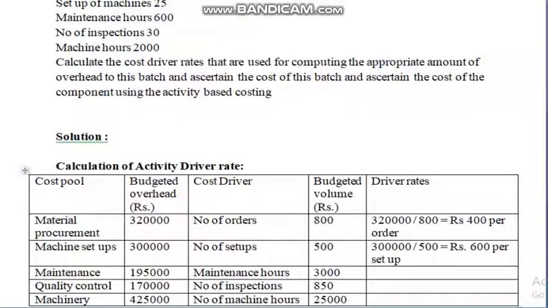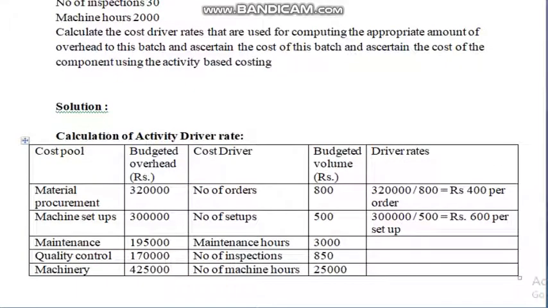Now the third one, maintenance cost. How much maintenance cost? 1,95,000 is the maintenance cost and that is based on maintenance hours. How many maintenance hours? 3,000. Now per maintenance hour will be rupees 65 per hour.